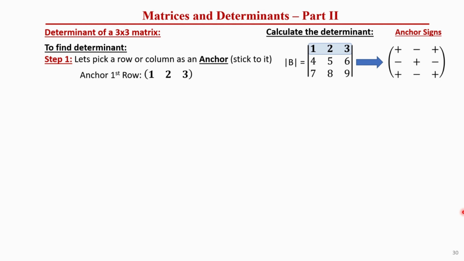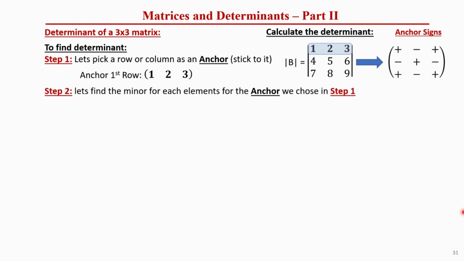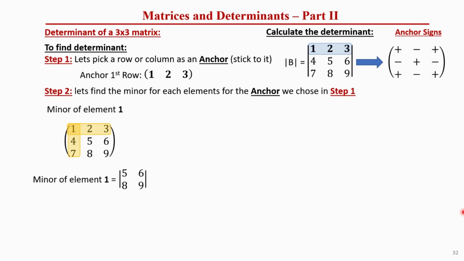Now we have the first row as our anchored row, and for step 2, we want to find the minor for each element of the anchored row, which is the first row for us. Okay, so to calculate the minor of element 1, we delete the row and column containing element 1 from the matrix, right? We are left with a 2 by 2 matrix, and we can find the determinant. And that determinant would be the minor for element 1.